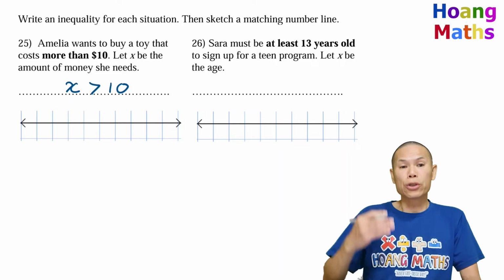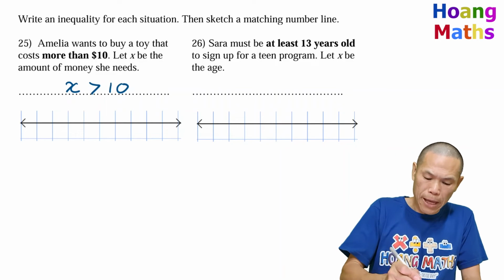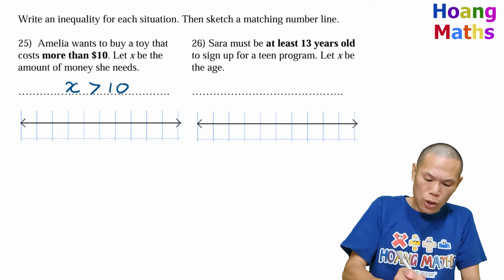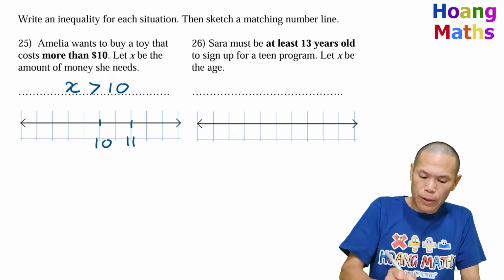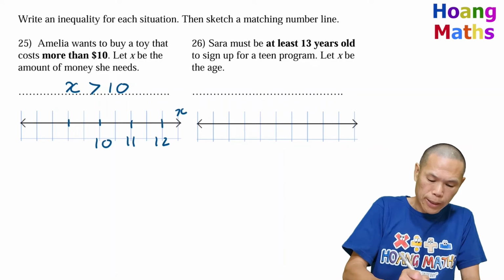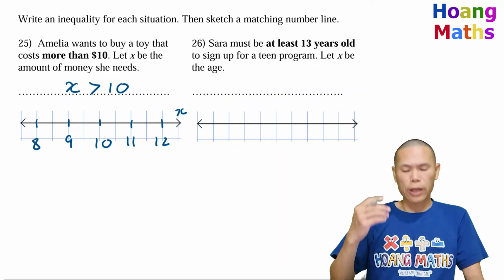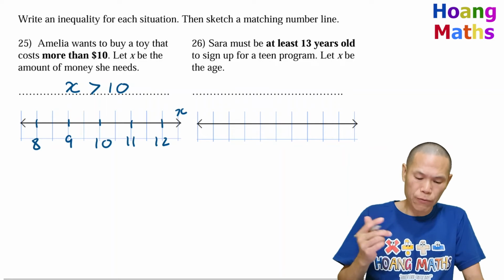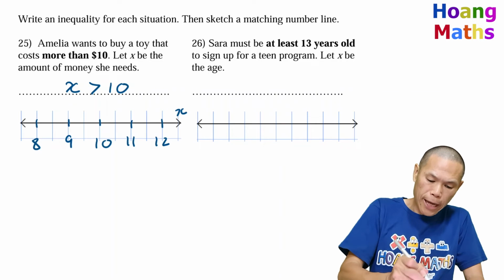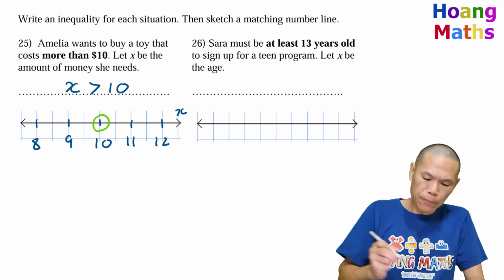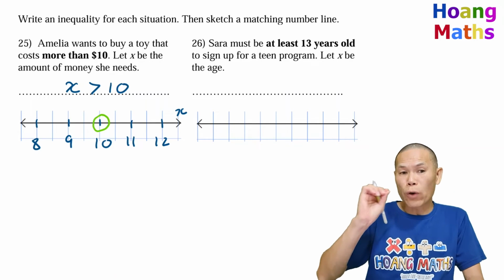That would do. Now to plot that on the number line, we start from 10 here, 11, 12, so this is x, so this is 9, this is 8, that will do. Of course, you can write one grid, one number if you wish. Then we circle 10 on the line, and greater than 10.